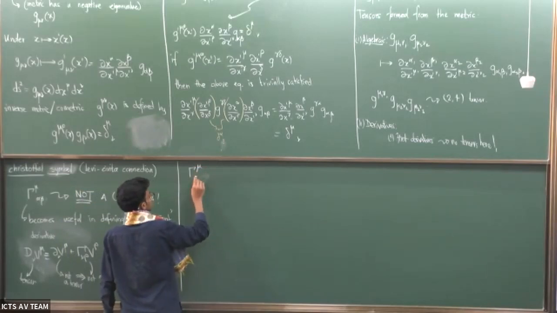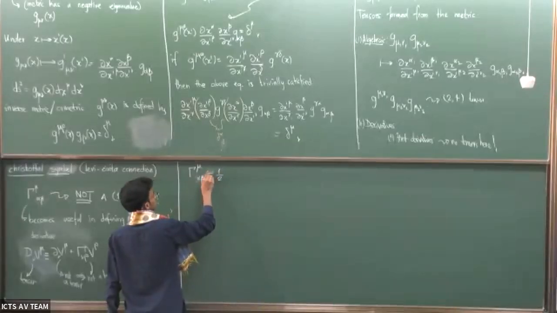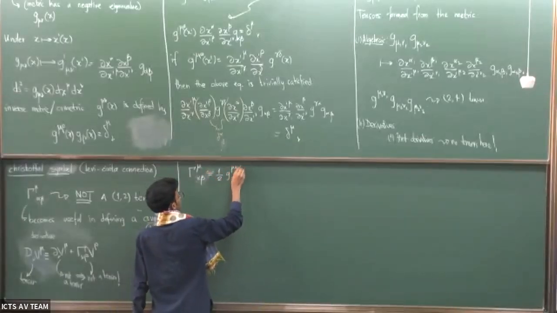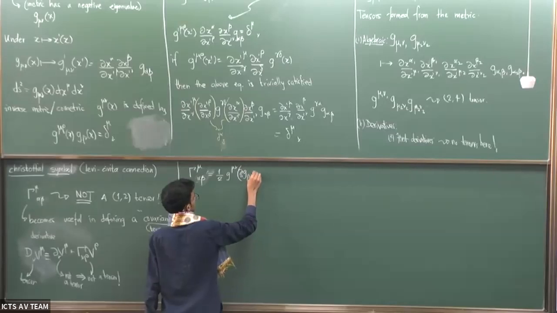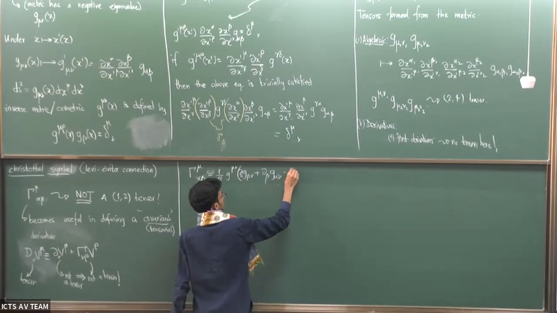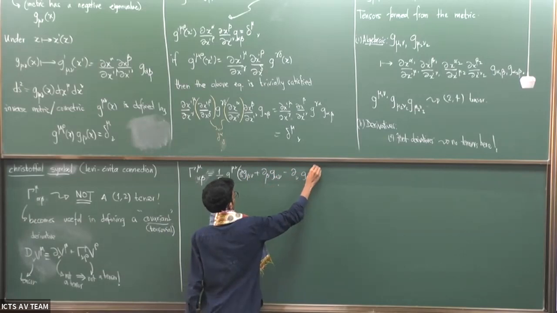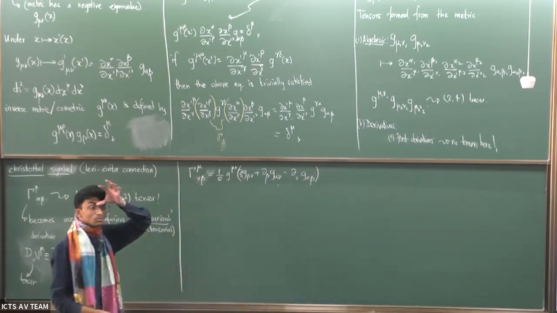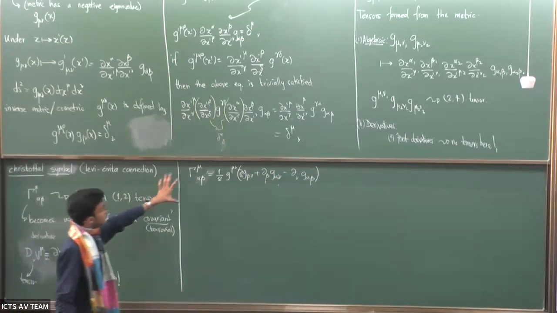Let me use alpha beta. So that was the Levi-Civita connection, this definition Ashok just gave you.